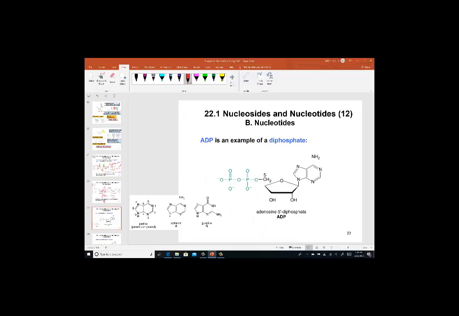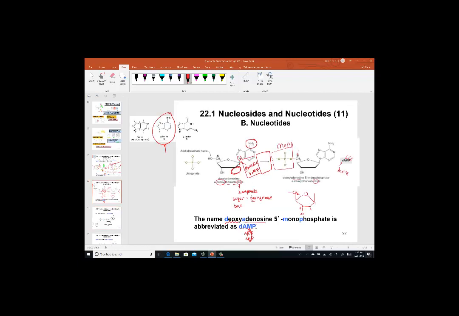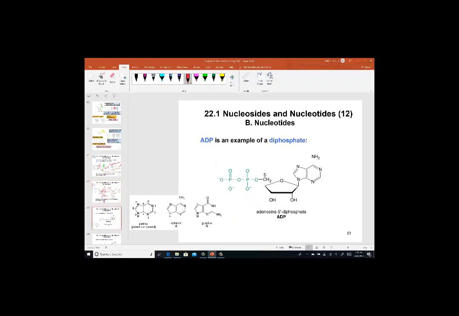ADP is an example of a diphosphate. Let's draw that structure together. So you just drew AMP. Draw it again, adding a second phosphate group, and now you've abbreviated this as ADP. Notice the difference. We just drew a deoxyribose sugar, and now we're adding on that oxygen.